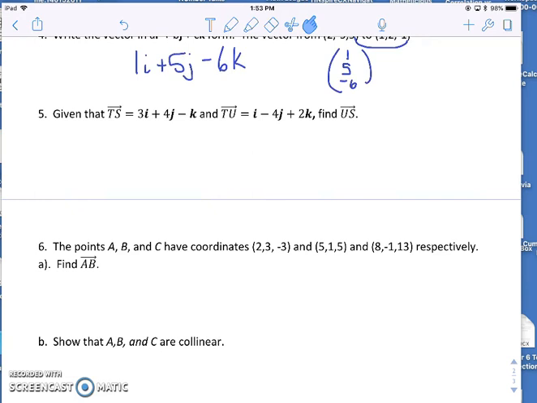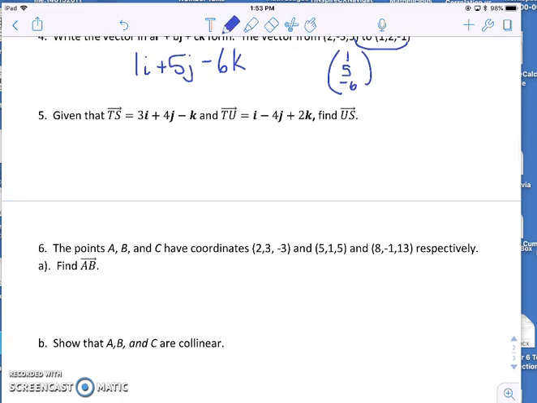And this next one, so we're given 2 vectors and we have to find u to s. So let's see, t to s is going this way, so we have t to s. Then maybe it's going this way, t to u. And we need to find u to s. So here's our ending point.